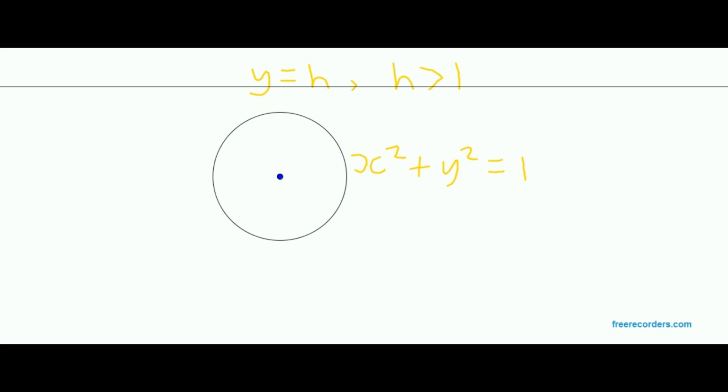So if we solve these two equations here, then we find that the contact points of this circle and this line are going to have coordinates. Well, the x coordinate is going to be plus or minus the square root of 1 minus h squared, and the y coordinate is equal to h.